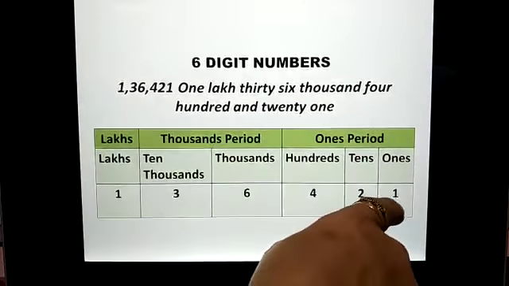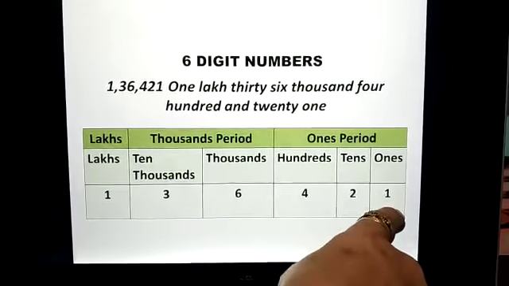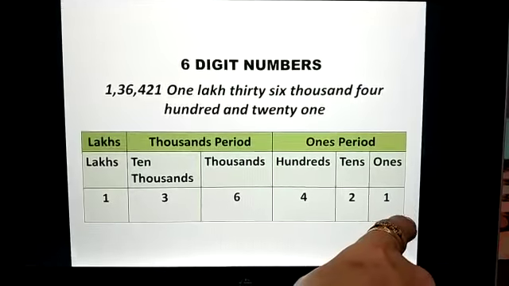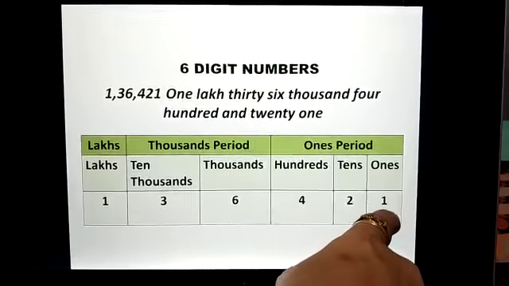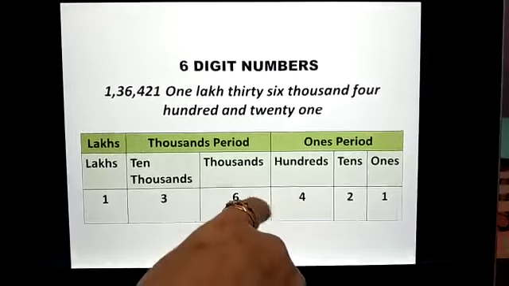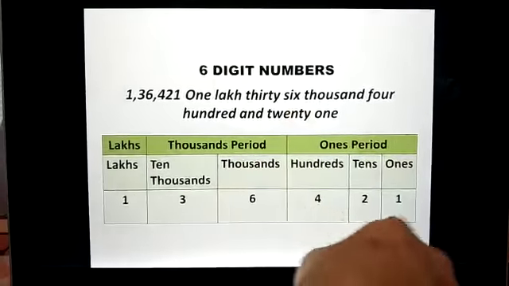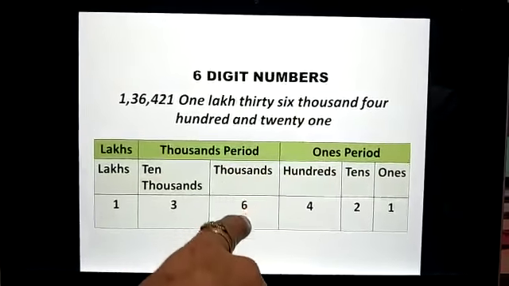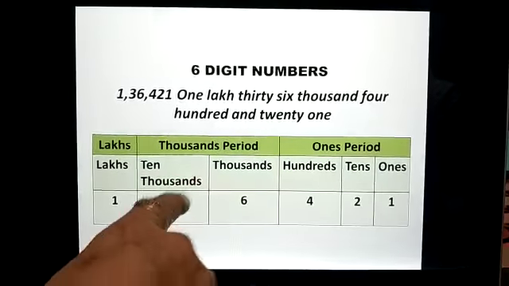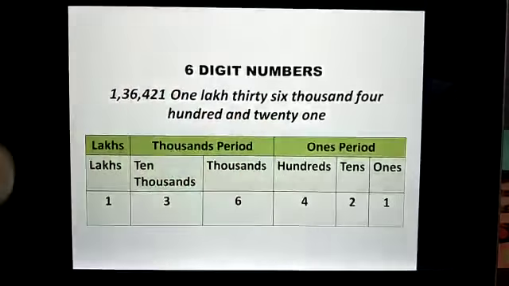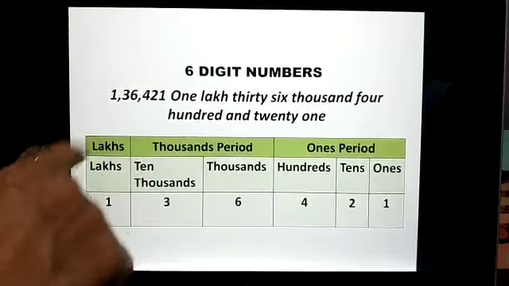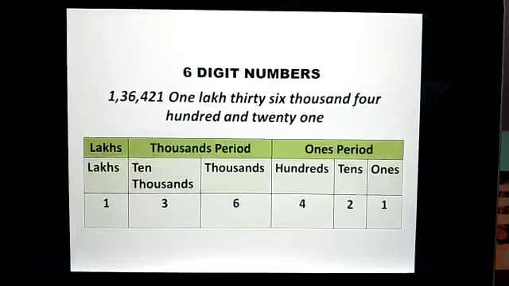So when we count again the 3 digits from the right, that is 1 2 4, and put a comma, this comes under the ones period, and the 4th and the 5th digit come under the thousands period, and the 6th digit comes under the lakhs period.